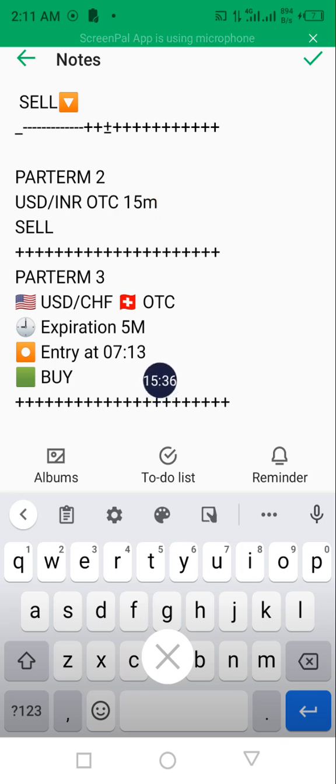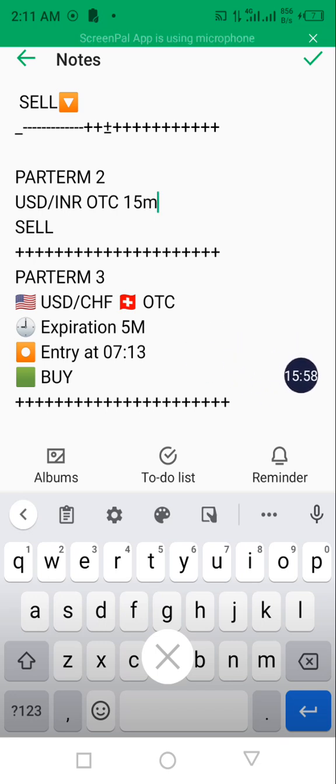You will always see the time the signal was dropped. If the signal is late, if the time it was dropped does not correspond with the clock, it means that signal has expired. You are not supposed to trade it. You have to wait for the next signal.